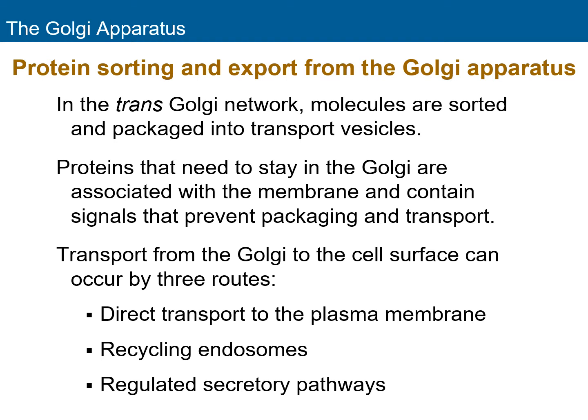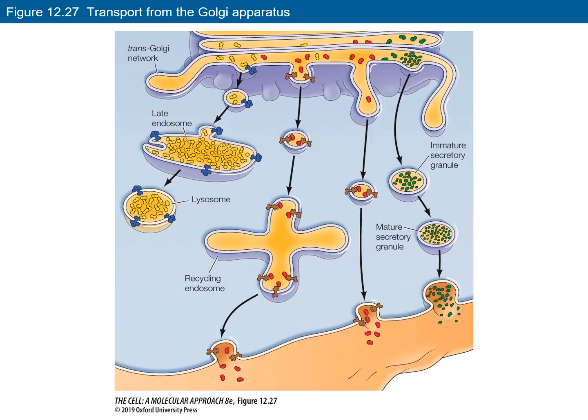Or in the case of immune cells, pharmacological compounds are produced and kept inside the white blood cells and released only in response to allergens, for example, or other types of threats faced by the immune cells. So those three pathways are shown here.